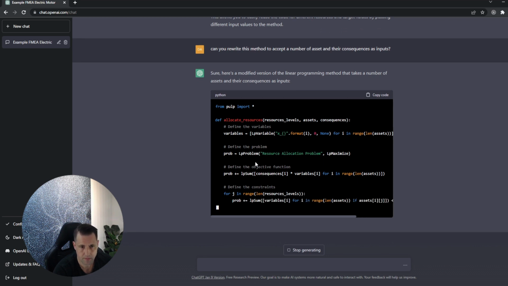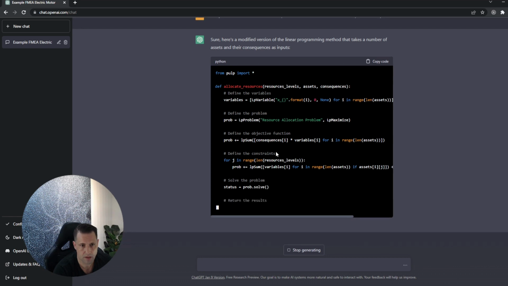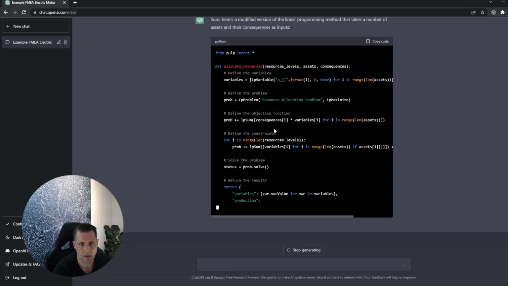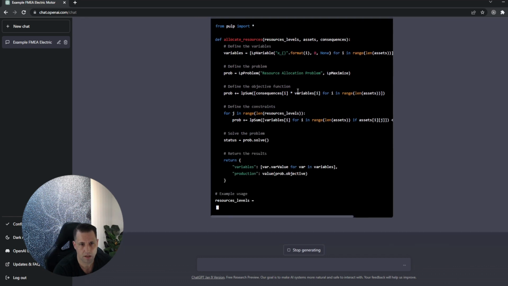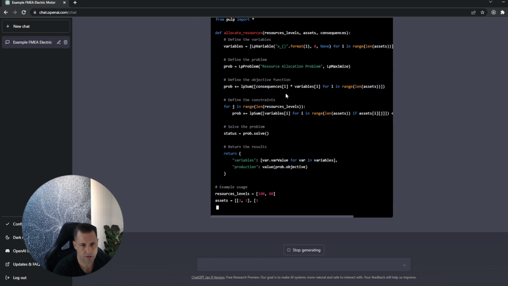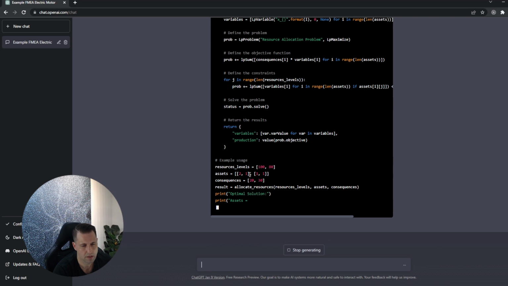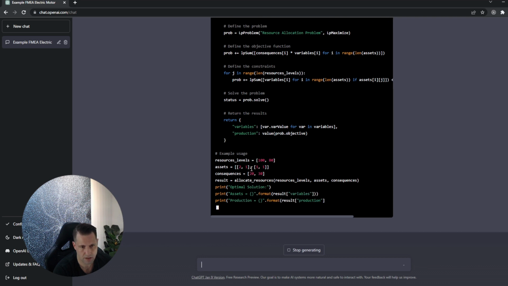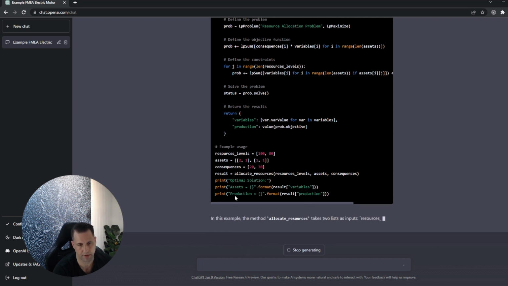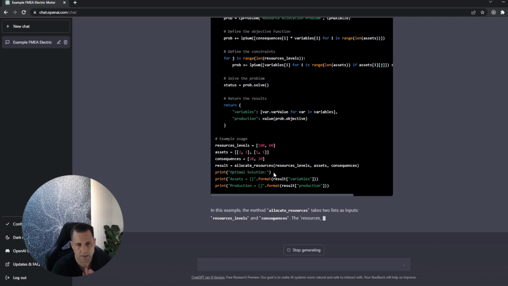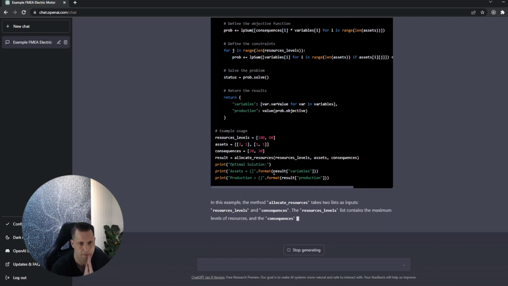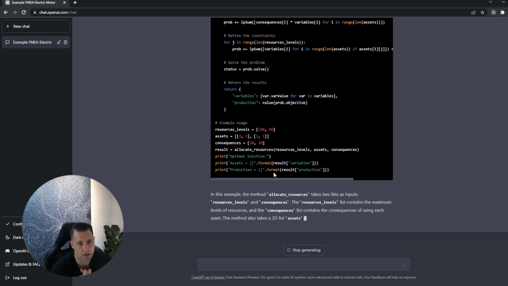So it's doing assets times consequences. Yeah, okay. We still have to iterate on this a bit more, but super interesting and super efficient.